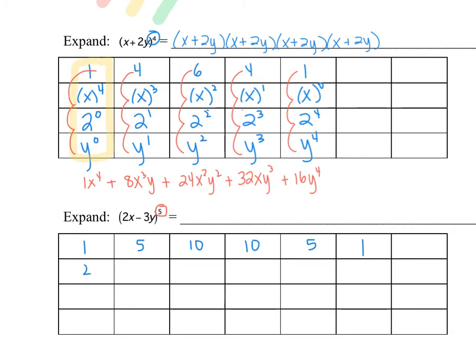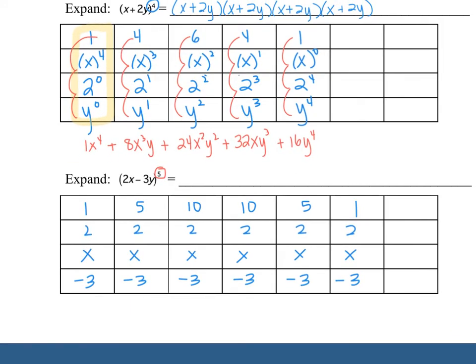All right, so we've got 2, 2, 2, 2, 2, 2, and then x, x, x, x, x, and x. Negative 3, negative 3, negative 3, negative 3, negative 3, and negative 3. And then, oops, I didn't make it long enough. Y, y, y, y, y, and y.